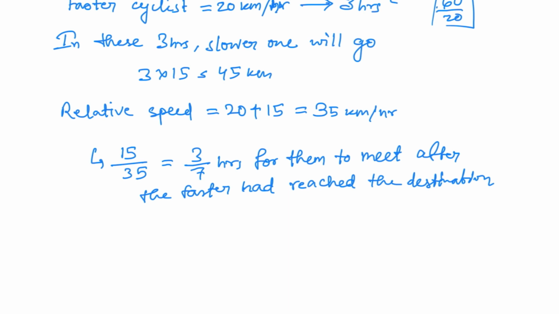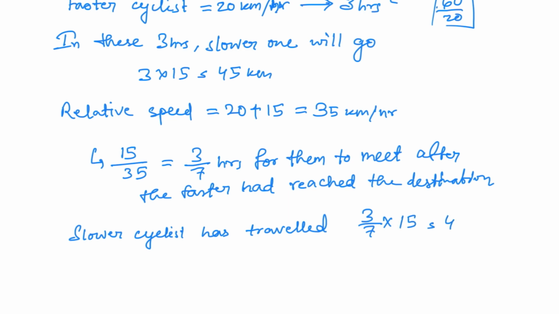So we have got this. Now we have to find in these 3 by 7 hours how many kilometers had the slower cyclist traveled. So the slower cyclist has traveled 3 by 7 into 15 or 45 by 7 kilometer.